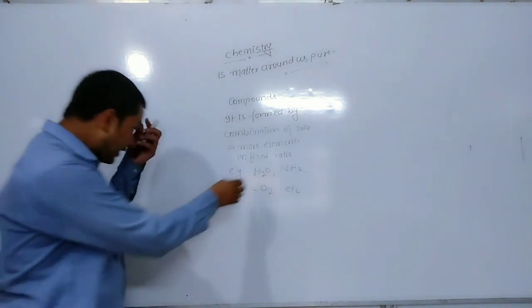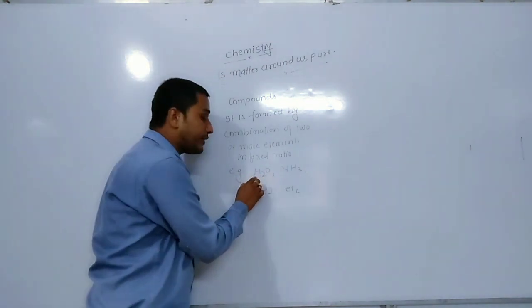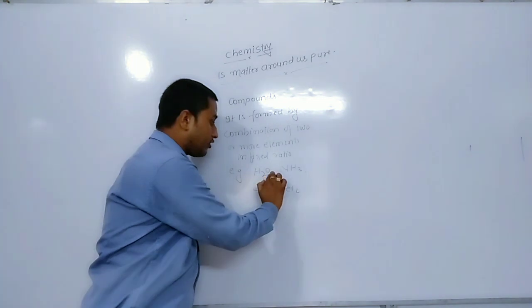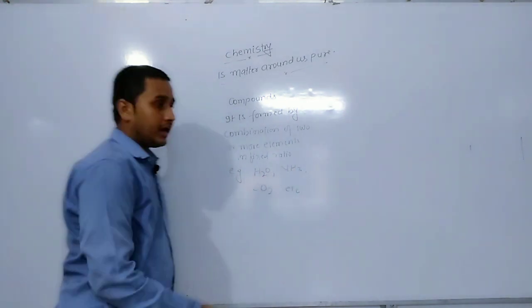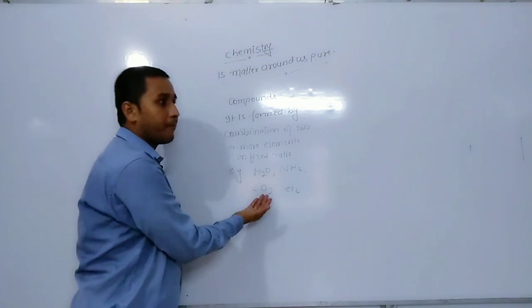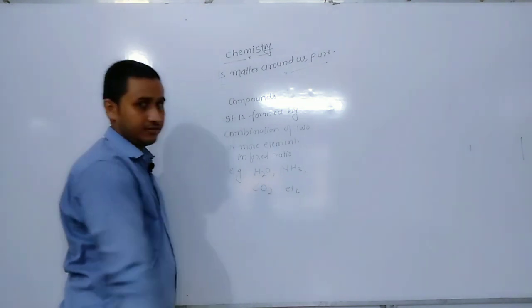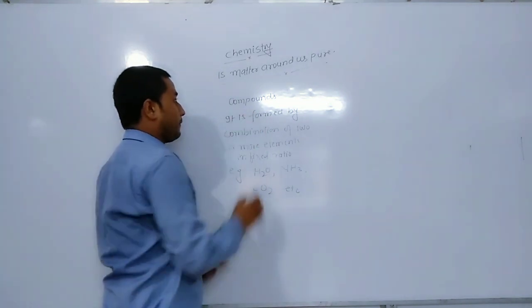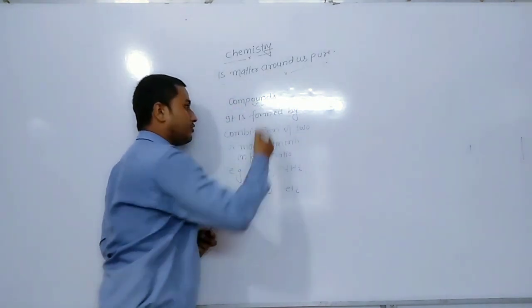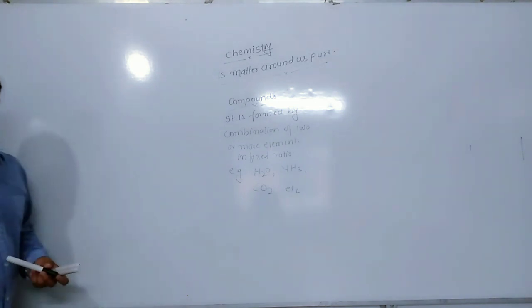Is it okay? Why is it a compound? Because it is formed by the combination of hydrogen and oxygen. NH3 is formed by the combination of nitrogen and hydrogen, and similarly this compound is formed by the combination of carbon and oxygen in fixed ratio. So it is called what? Compound. Okay? Write down the definition, then I will explain the next term.